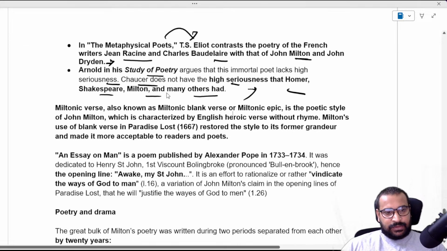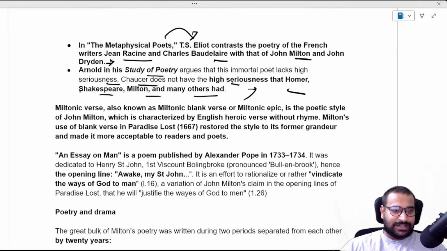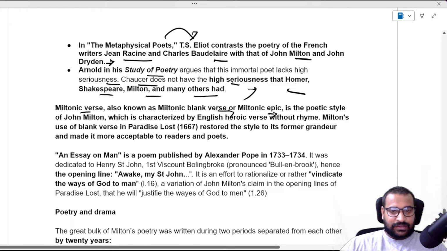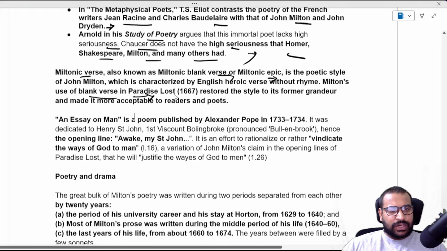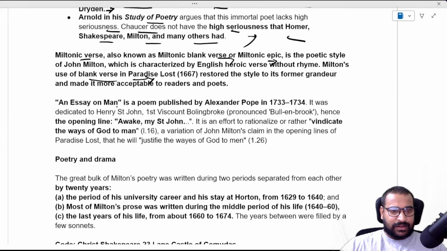And one of the important things you will get when you read about Milton is Miltonic verse, also known as Miltonic blank verse or Miltonic epic. So you get these kinds of terms when you talk about Milton's work. That is famous from the blank verse in Paradise Lost. Okay, now let me tell you about An Essay on Man, a poem by Pope.